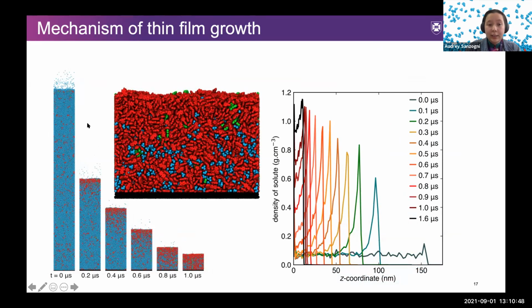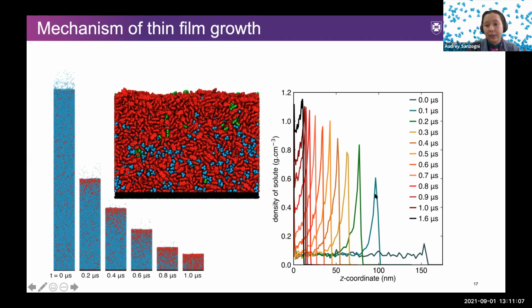But as you can see, that isn't the case. Instead, there is a formation of a skin at the solution vapor interface that remains constant until the thin film becomes dry and meets the substrate.